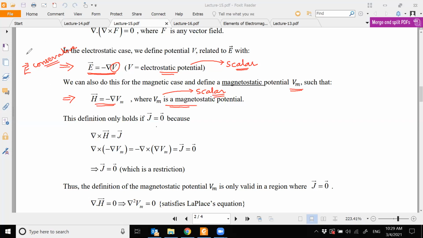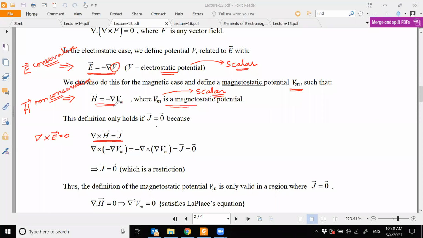Like this, it's conservative: closed line integral of E bar dot dl bar is equal to 0. But the magnetic field is non-conservative. So this creates an issue in our mathematical formulation. See why? Because del cross E bar is 0, but del cross H bar is J, Ampere's law.